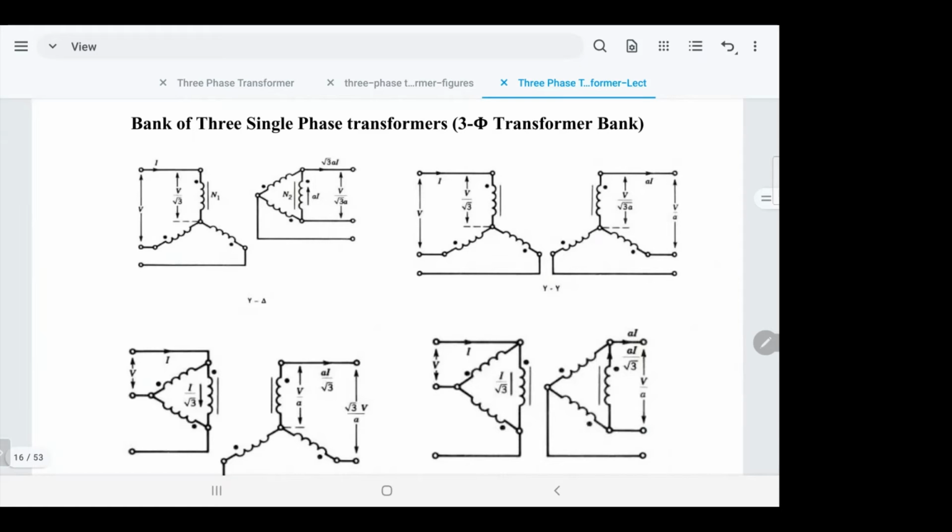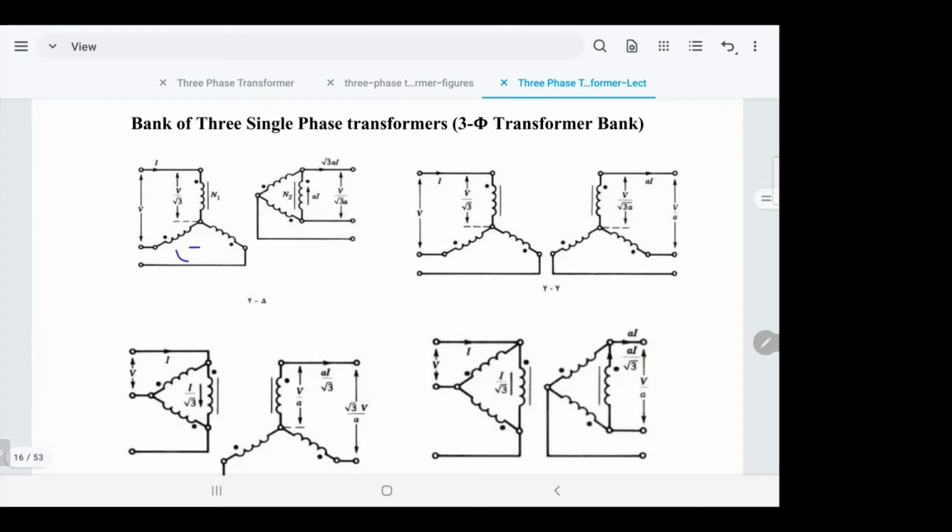Just simply, as we studied in three phase, that's why we review three-phase circuits. In a star, the line voltage, or the voltage from line to line, is bigger than the phase voltage by square root of 3, and the current of the phase equals the current in the line.